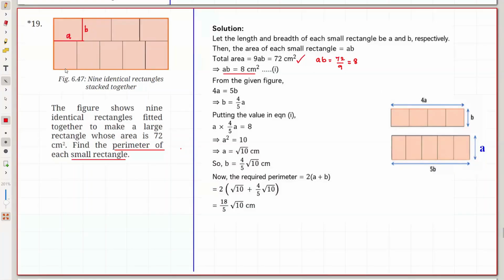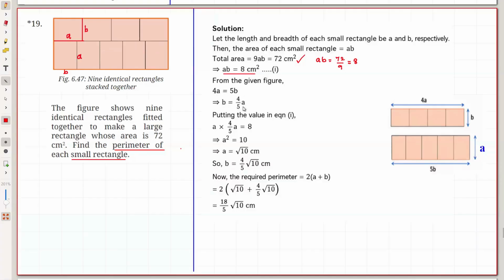Here the length of this rectangle is B plus B plus B plus B plus B, so 5 times B. But both lengths are equal, so 4A is equal to 5B. Actually here we take this as A and this as B, arranged in different orders. Here we get 4 times A, and here 5 times B. Both are equal, so 4A is equal to 5B.